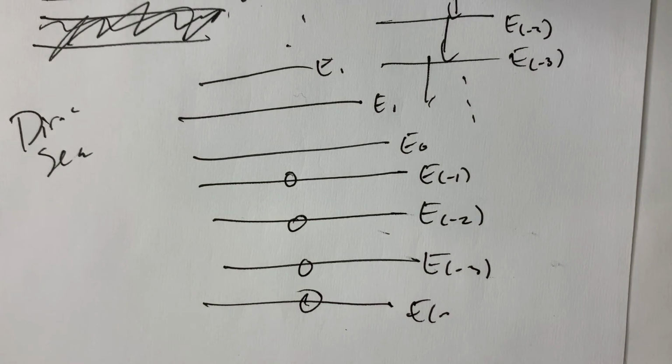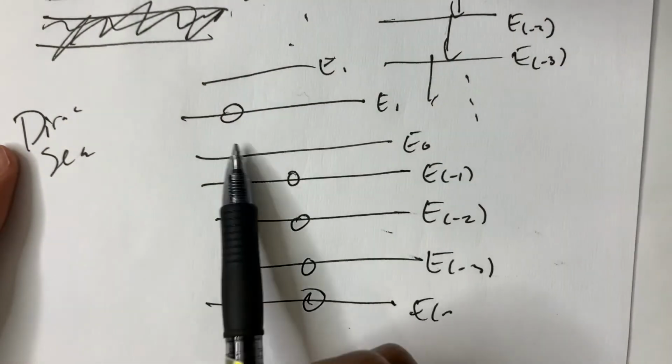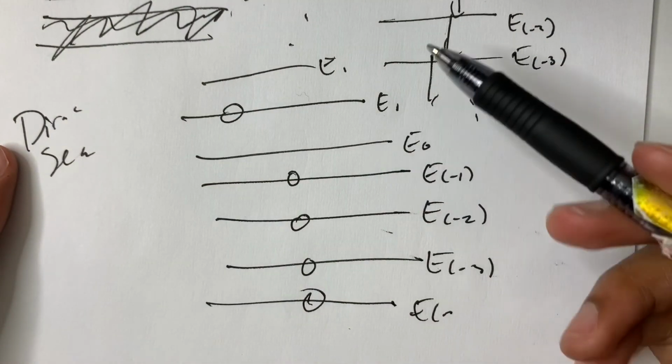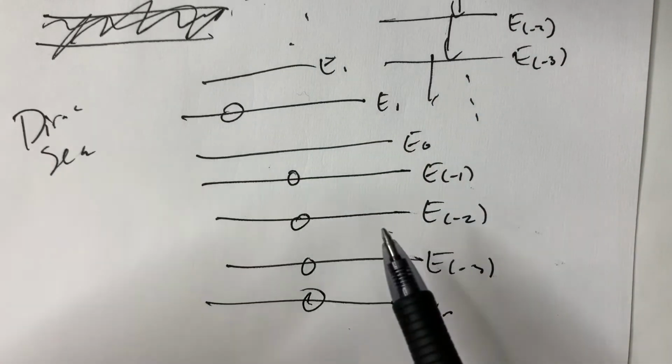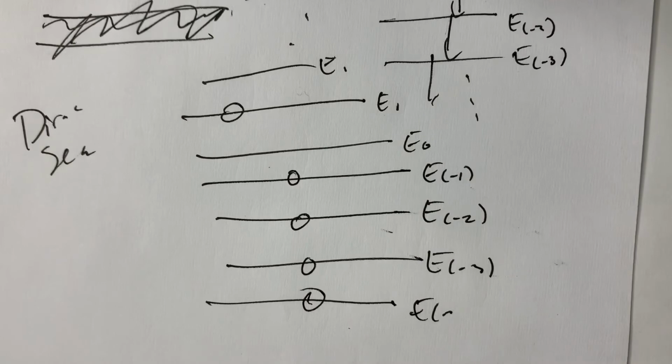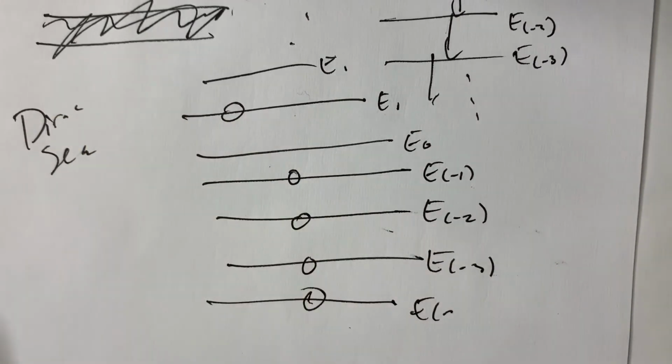And this solves the problem. Because, say you have a particle at E1, well, it can't drop down to E minus 1 because there's already an electron there. Remember, electrons are masters at social distancing. The Pauli exclusion principle prevents the electron from going to that state because there's already an electron there.